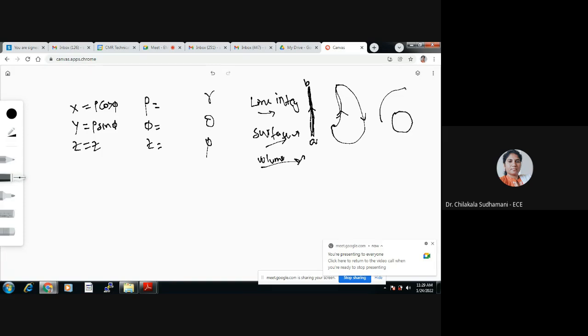Or if it is closed, like the line, I can say this is point A and B, right? Here I'm considering points A, B, and somewhere C. So if I consider A, B, C, A as one line in closed, circular form, then it is called a contour integral, or curve integral, or line integral.